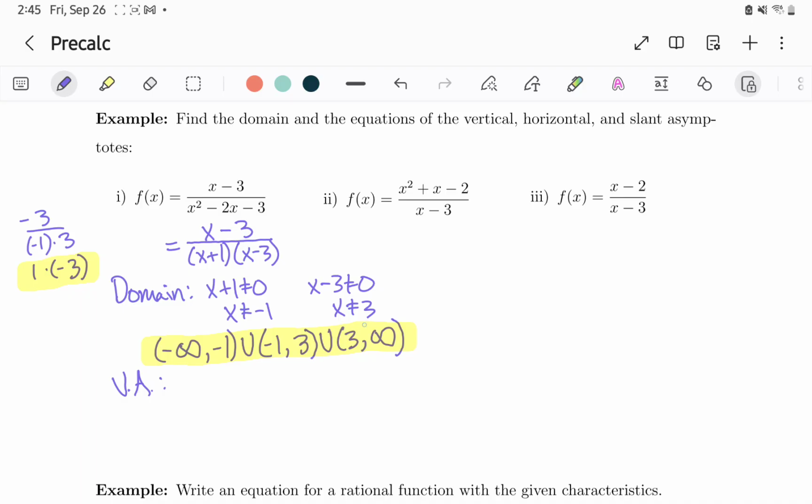So we don't have a vertical asymptote at x equals 3 because we have this common factor of x minus 3 in the numerator and the denominator. But with x plus 1, there is no factor of x plus 1 in the numerator, so that is going to give us a vertical asymptote, which is going to be the vertical line x equals negative 1.